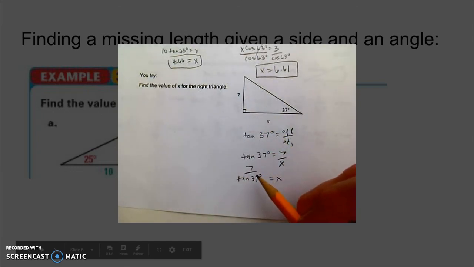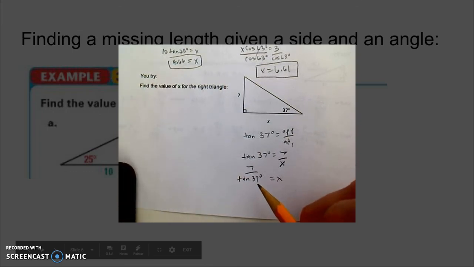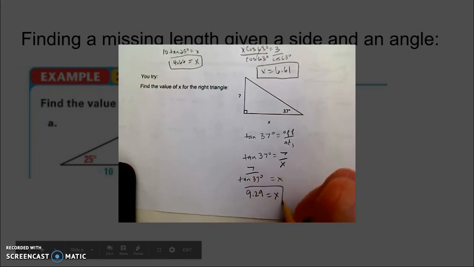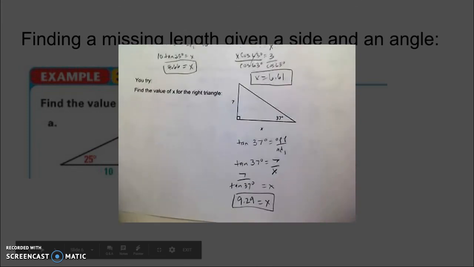Solving for x, I find out that 7 divided by the tangent of 37 degrees will give me that value. So x equals 9.29.